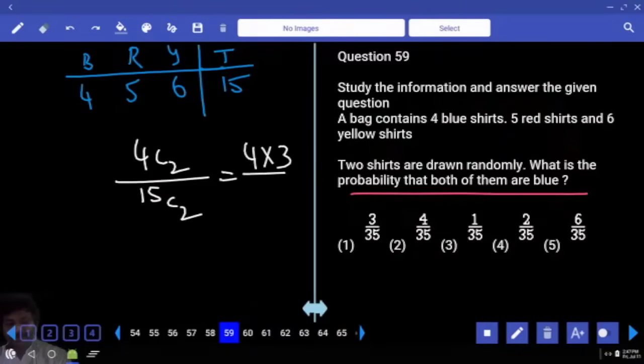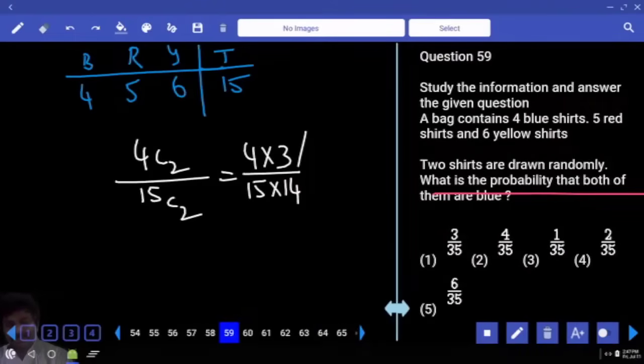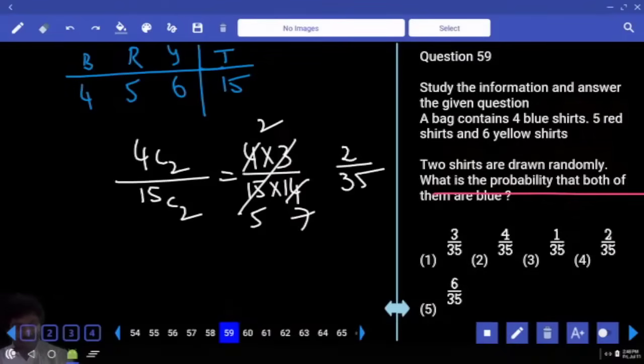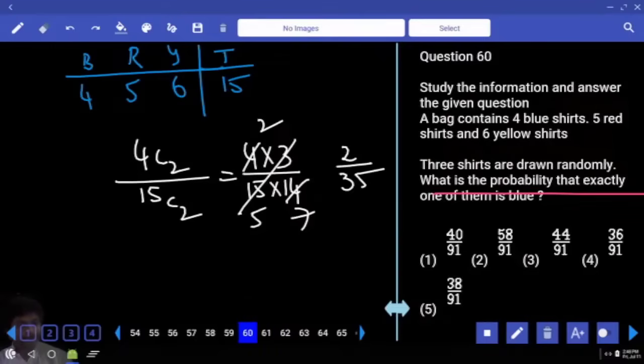Straightforward, we can write it as 4 into 3 by 15 into 14. Actually, 2 factorial comes here and 2 factorial also comes here. Both get cancelled, so we don't have to waste our time by cancellation. Correct? 3, 2, 7 times. 2 by 35. Fourth option.